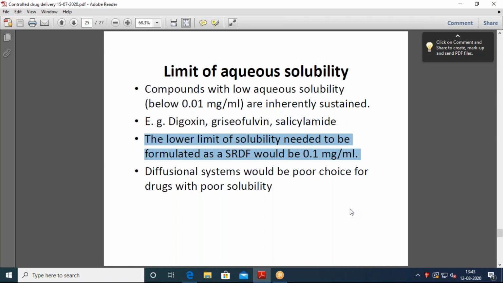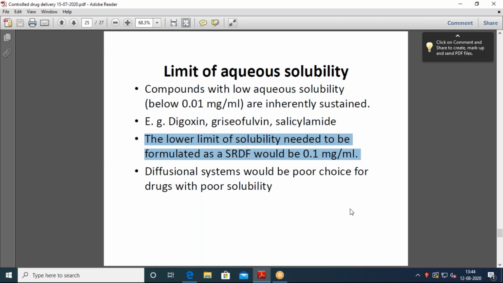The amount of substance, especially in grams or whatever it is, in 100 ml of the solvent can be called solubility. That is how we define solubility. Usually it is told for 100 ml, or some people express it per ml also.